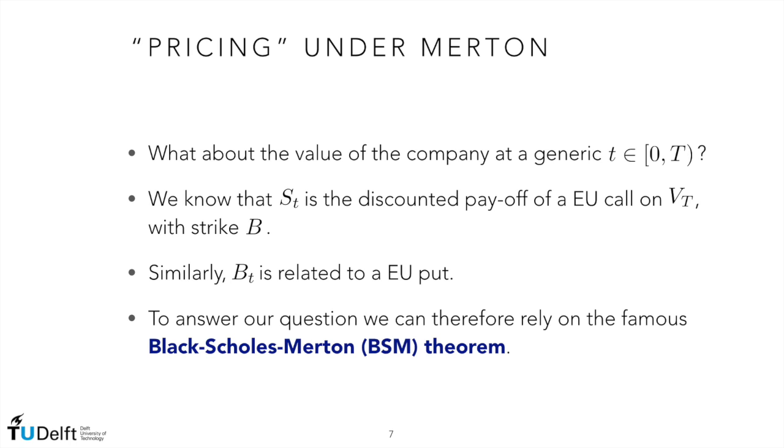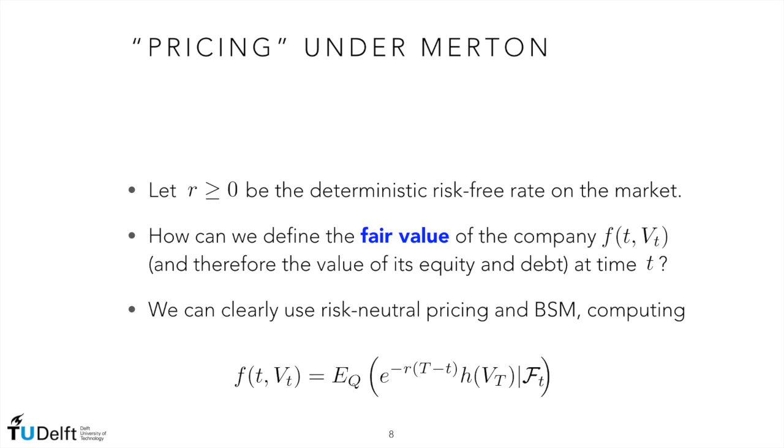This is the Black-Scholes-Merton theorem in disguise. In order to evaluate the quantities we are interested in, we assume that there exists a deterministic risk-free rate on the market. In the following formulas, r will substitute mu V, and this is in practice the difference between risk-neutral and market pricing. Okay, not really rigorous, but you get the idea. But you will find more details on the platform.